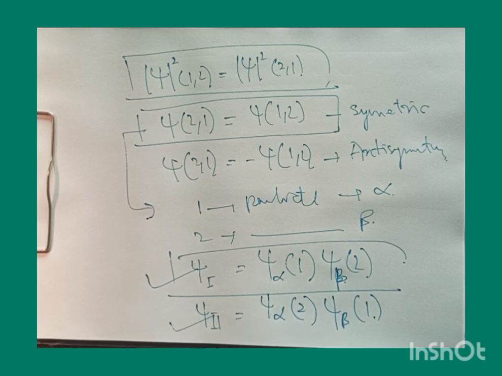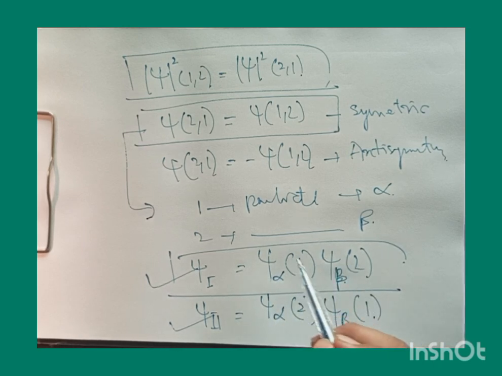If psi first is correct at any instant, then at the same moment it is equally possible that psi second is correct. So finally, I can say that the system depends half.